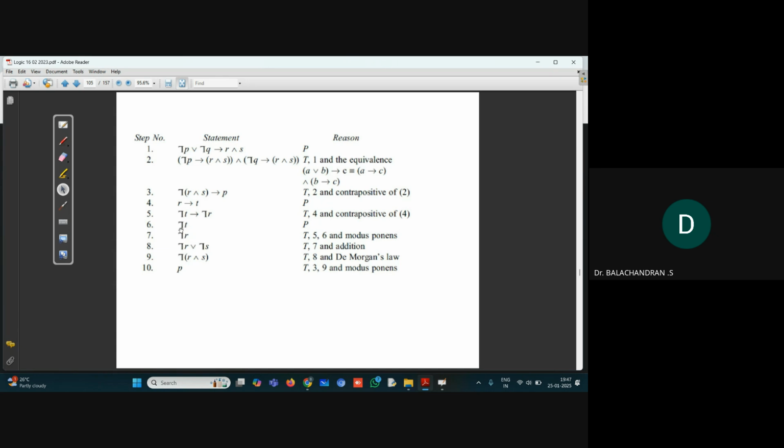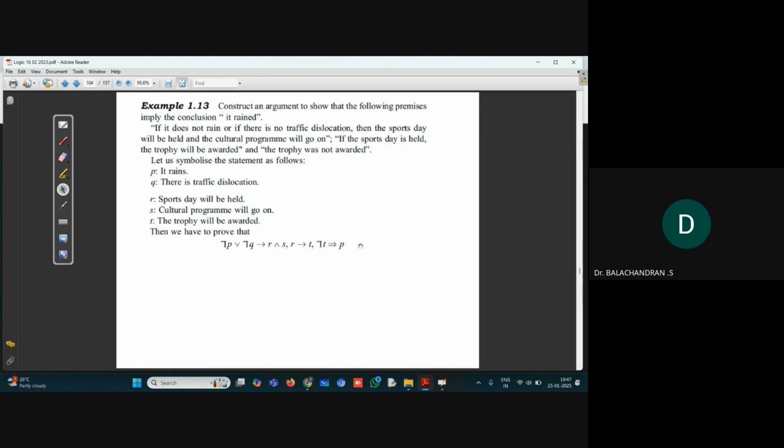So here negation R implies negation R or negation S. Now from 8 to 9, I'll use De Morgan's law, negation of R and S. Now from 3 and 9, negation of R and S, negation of R and S implies P. You can see here, finally you get P.